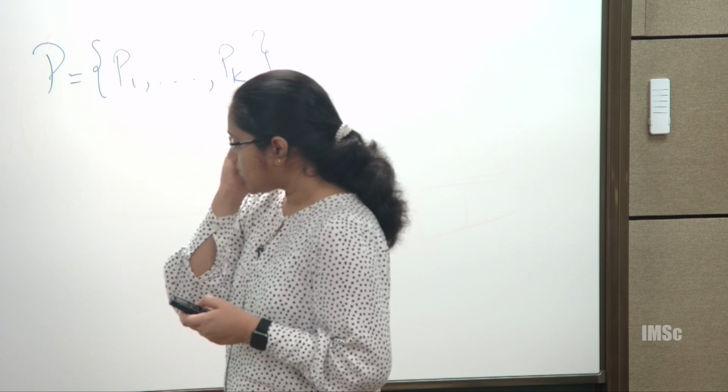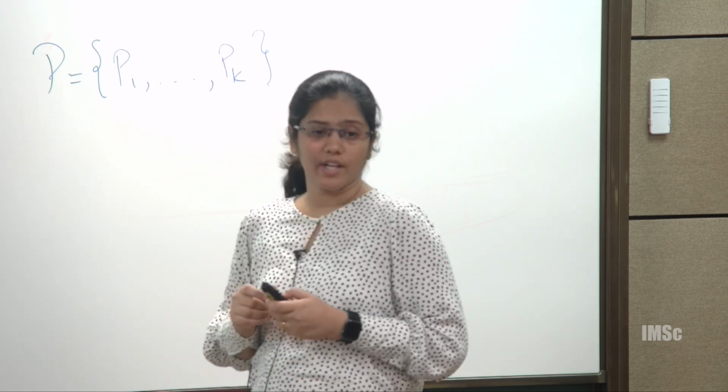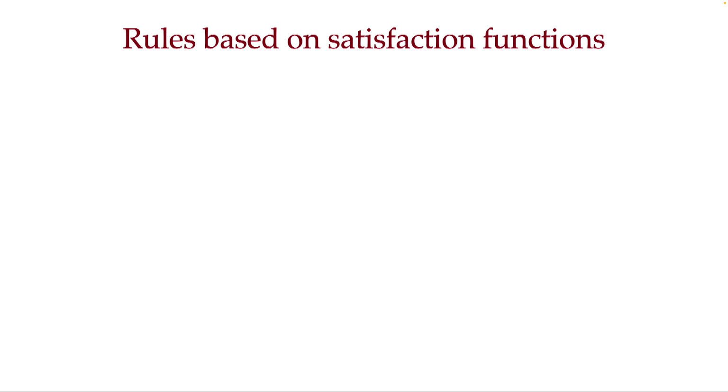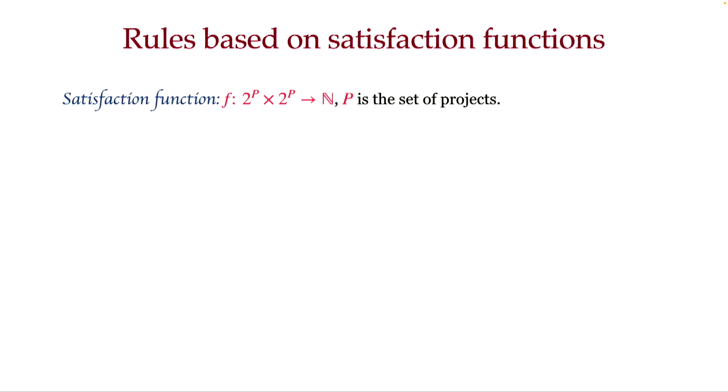So, let us talk about some rules based on satisfaction functions. Some of these rules I am sure you saw in the voting theory lecture. A satisfaction function is a function from this. Usually we talk about natural numbers, because for satisfaction, why would it be rational or something, but of course one can talk about that. So, what does it mean?